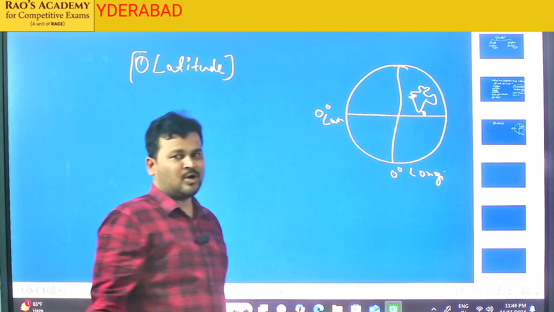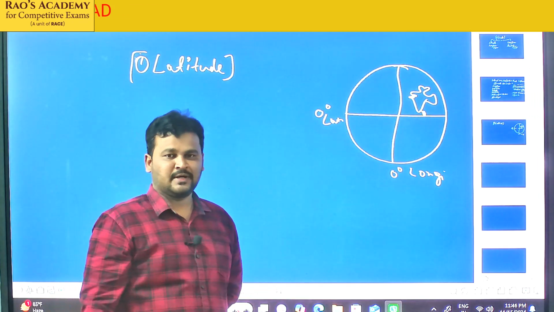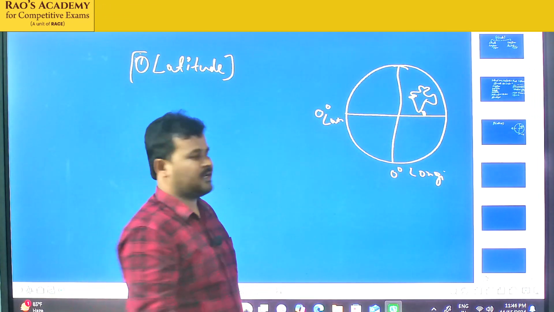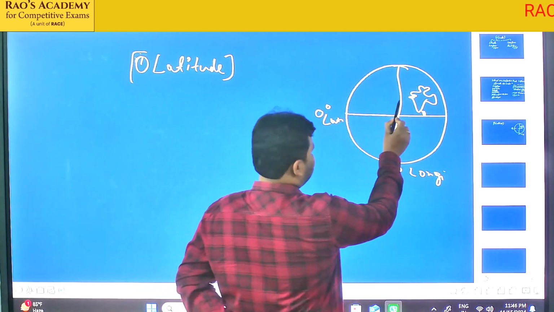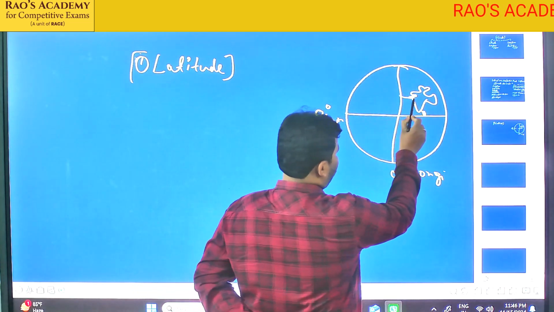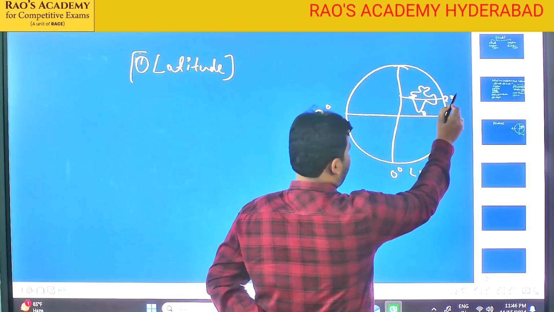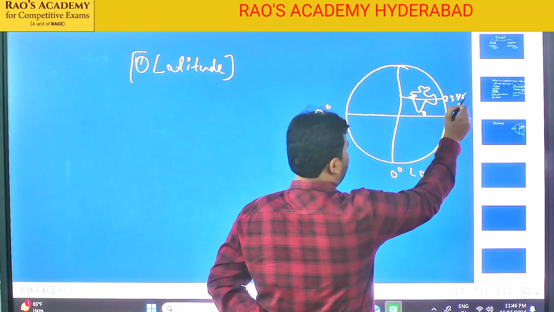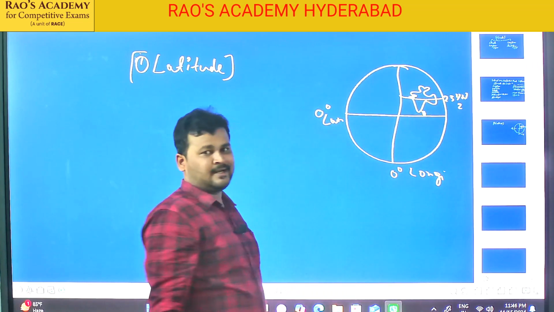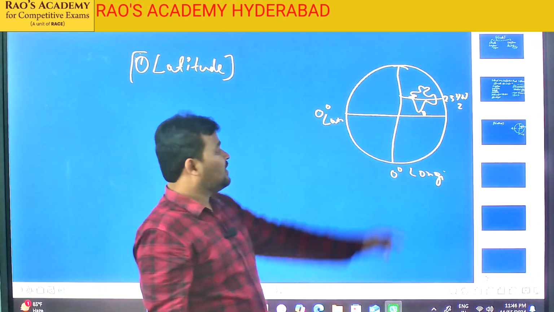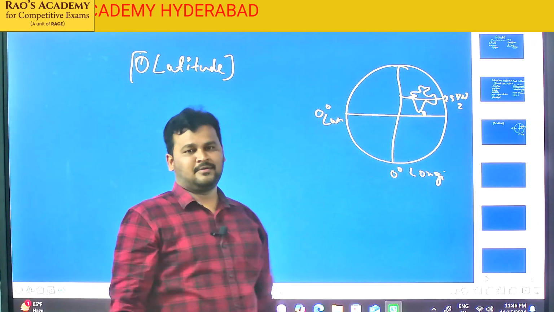What is the name of the latitude that is passing through India? This is the line. The latitude is 23.5 degrees north. Why are we saying north? Because India is located in the northern hemisphere.